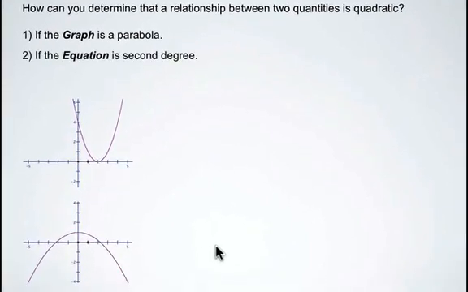The second way that we can determine whether or not an equation or a relationship is quadratic is by looking at the equation. If the equation is in the second degree, in other words, there is an x unknown with an exponent of 2, like in both of these examples.